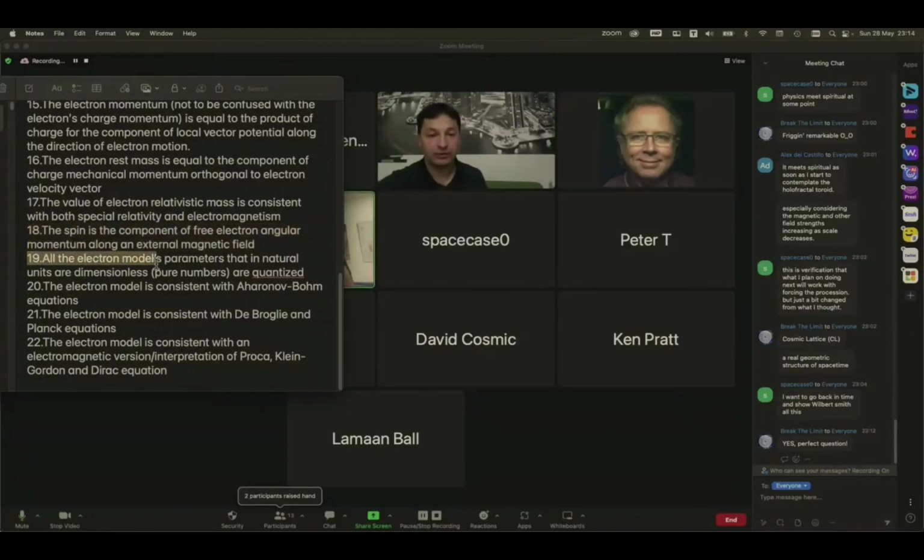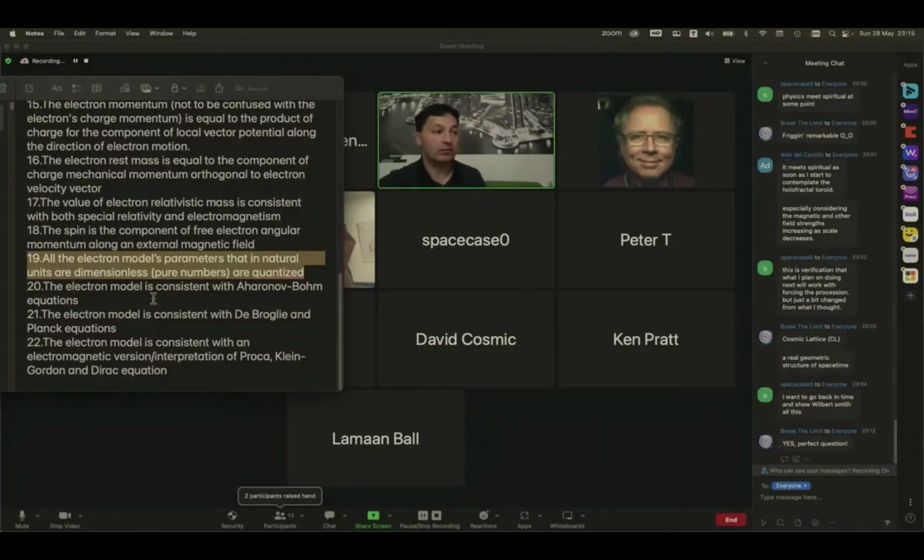19. All the electron model's parameters that in natural units are dimensionless, pure numbers, are quantized. That's what you were talking about earlier, right? Yeah. So this is an observation that when you choose natural units, you get certain pure numbers, such as the alpha, which defines the elementary charge.